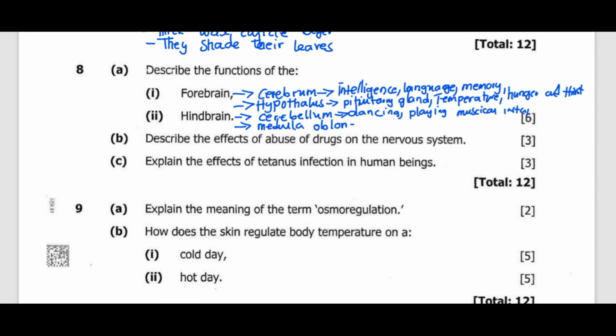Now medulla oblongata controls activities like the first one, swallowing. Then apart from swallowing, coughing. Then we have sneezing.